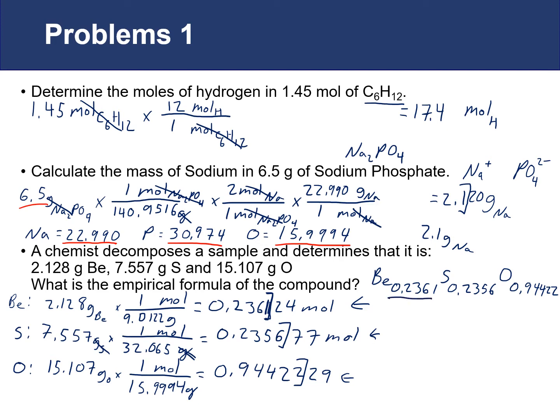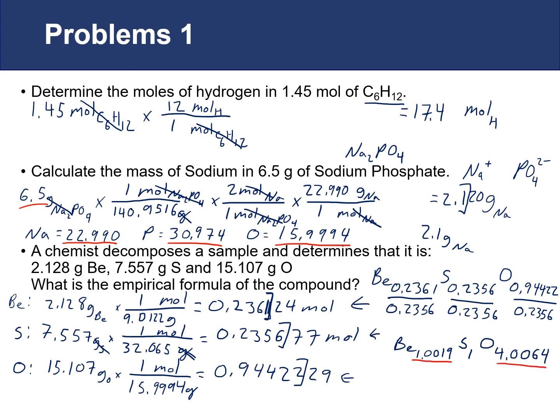So if we divide each one of our numbers by the lowest of the 3, which is the value that goes with the sulfur, 0.2356, what we get is Be 1.0019, S 1, O 4.0064.